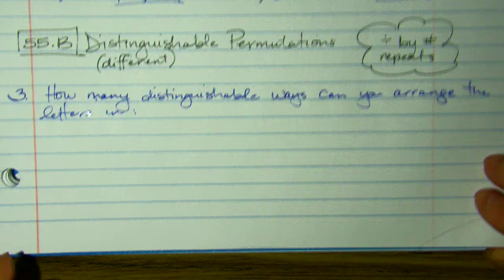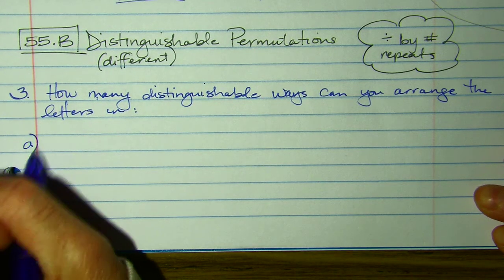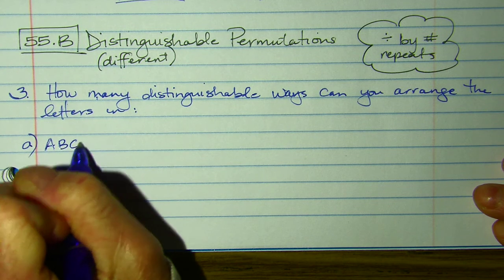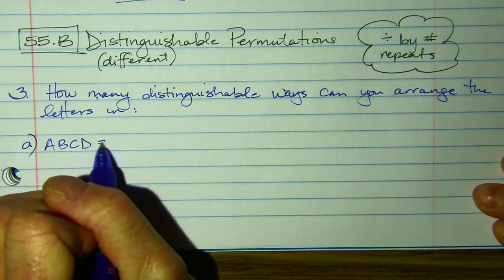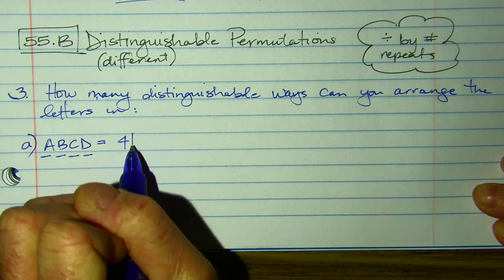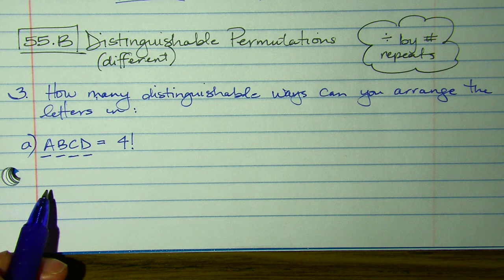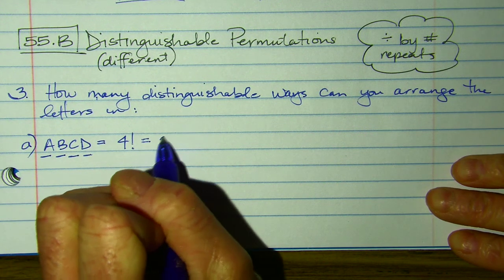Okay, so we're going to do a few. So part A, let's say I have the letters A, B, C, D. For this example, I count up how many letters I have. So I have 4, factorial. And I would divide anything that repeats. Now in this case, no letter repeats itself, so my answer is just 4 factorial, which is 24.